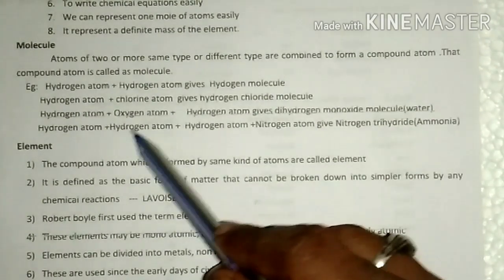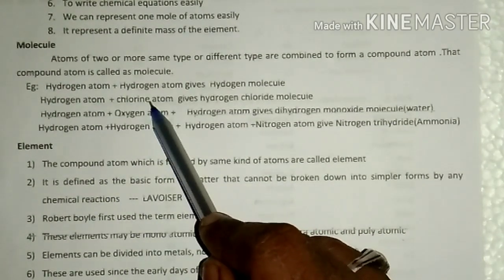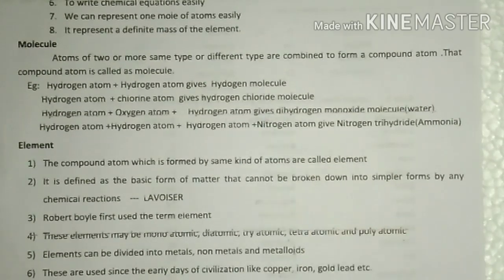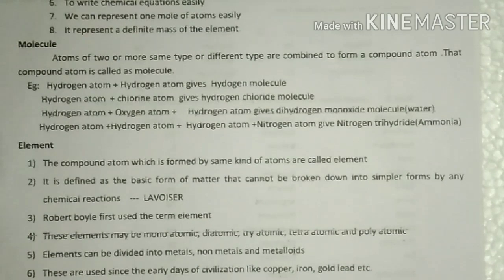If you observe this example, a hydrogen atom and a chlorine atom combine to give the hydrogen chloride molecule. So here also it is a molecule, formed by the combination of different atoms. Means molecules are formed by the combination of either the same kind of atoms or different kinds of atoms.